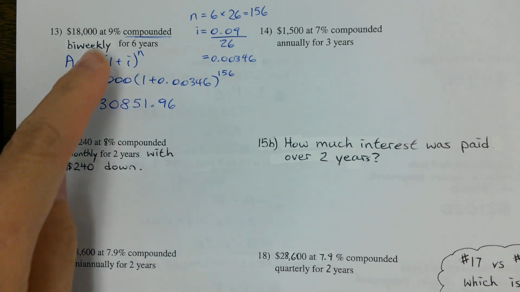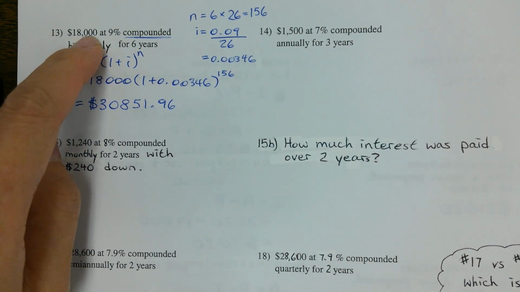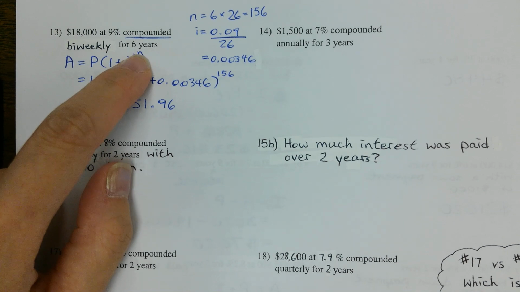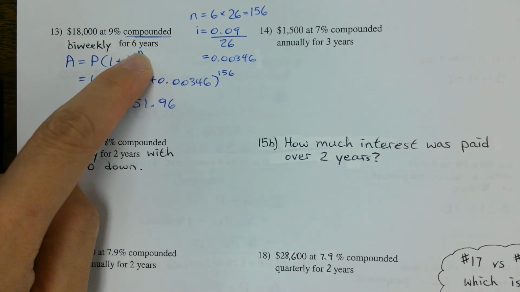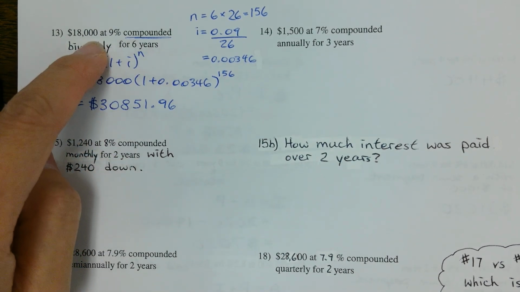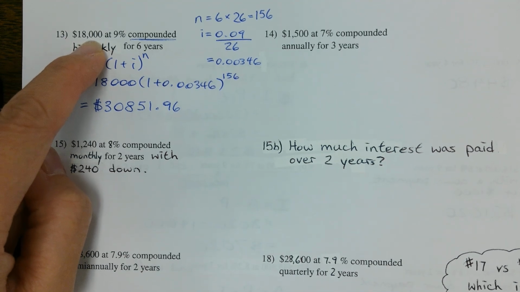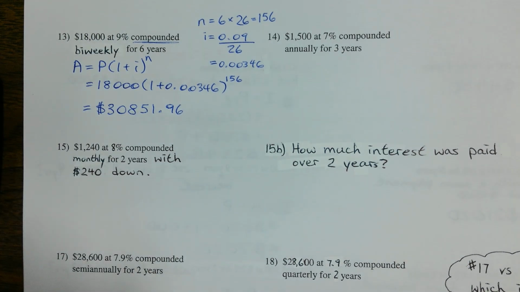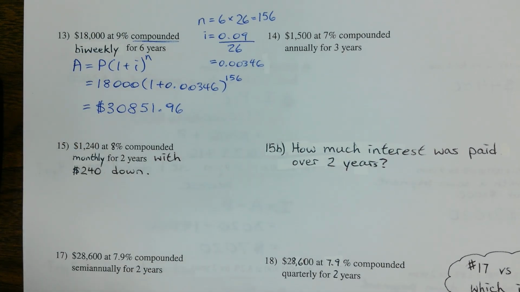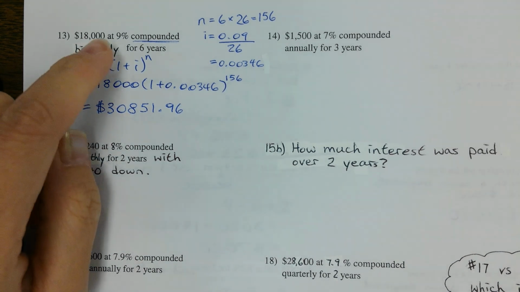Well, that 18,000 that you put in for 6 years, you don't get to touch it. It's like you give the bank that money and say, I'm not going to touch it for 6 years. At the end of 6 years, you're going to pay me back. You're going to pay me all at once. I'm lending you the money for 6 years.